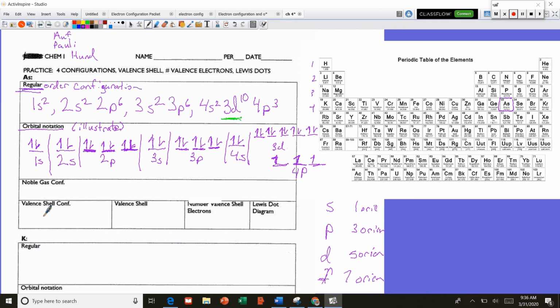All right. So noble gas configuration is going to be a little bit different. Basically, for noble gas configuration, we're only looking at the outermost electrons. So it actually makes things a little bit easier.